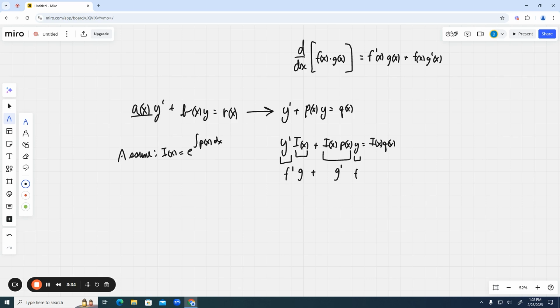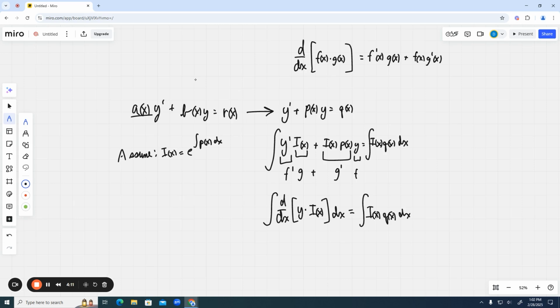So what we can do is integrate both sides such that the integral of the derivative with respect to x of y times I of x with respect to x is equal to the integral of I of x times q of x with respect to x.